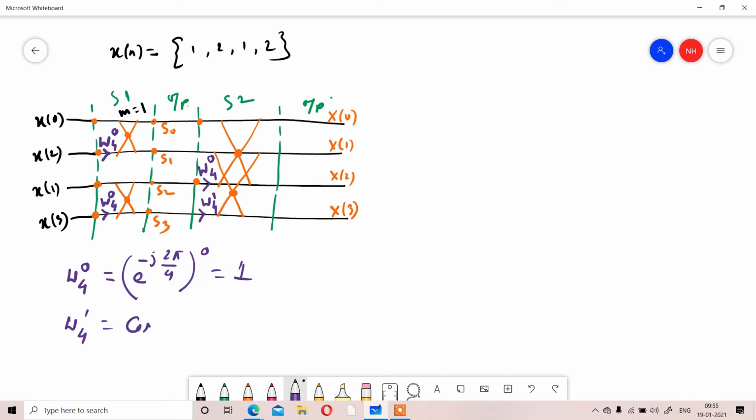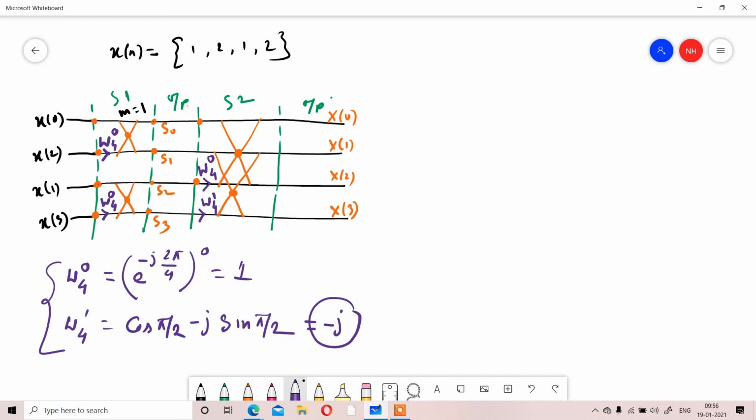So it will be cos pi by 2 minus j sin pi by 2. cos pi by 2 value will be 0, sin pi by 2 value will be 1, so it will be minus j. So that is the value of W4 0 and W4 1.